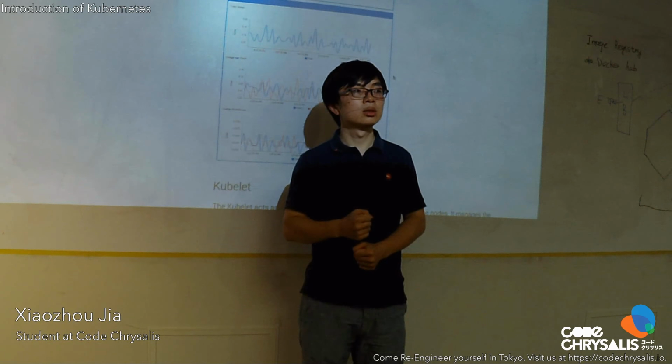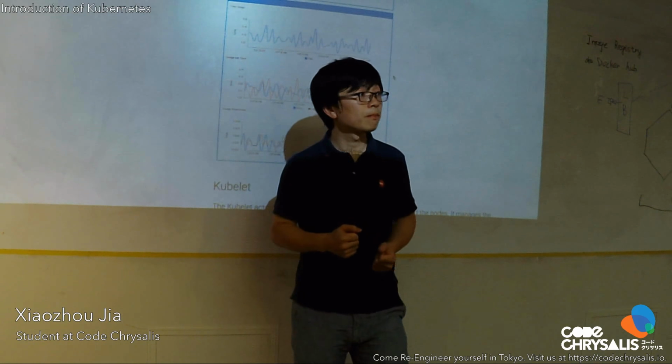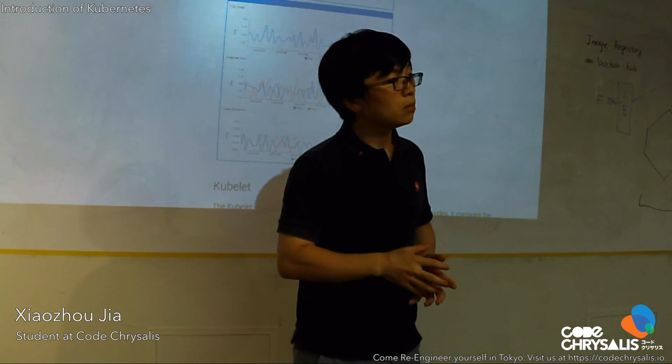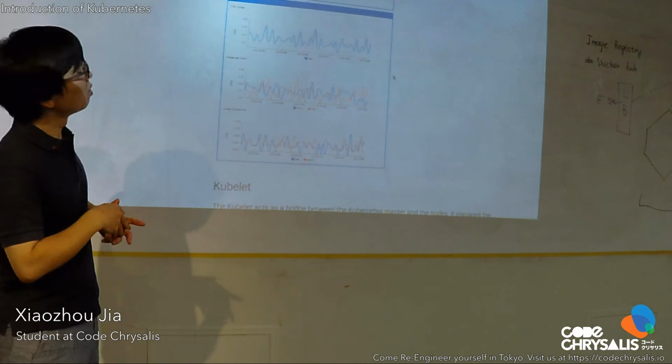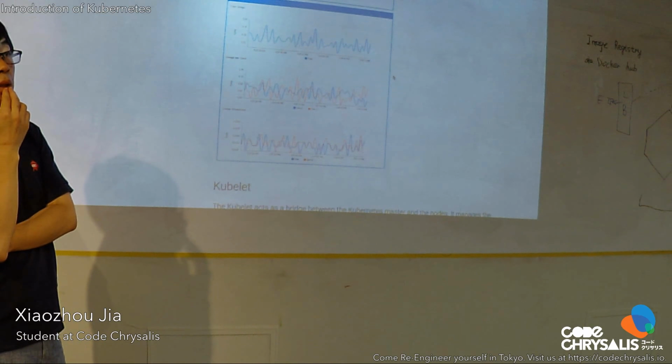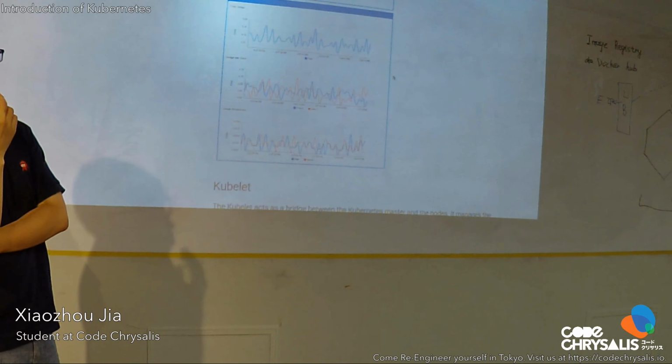Any other questions? So in this example, Kubernetes is running on GCP, Google Cloud Platform. Can we change the instance type?